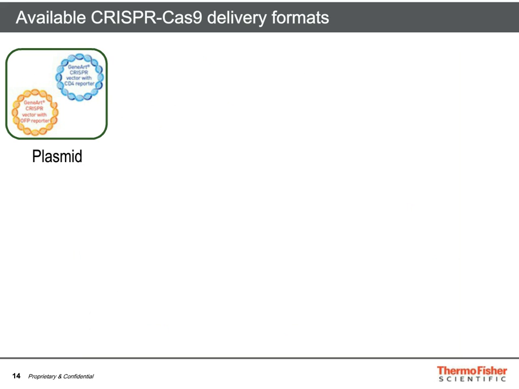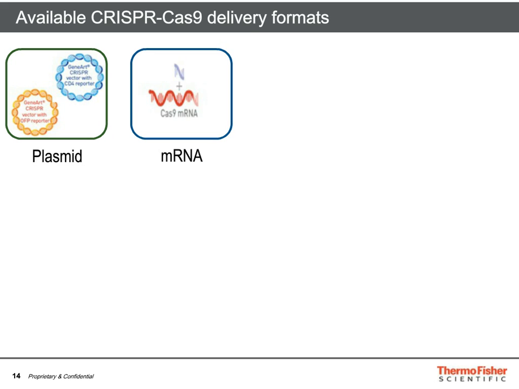There's several ways to deliver this tool. A few years ago when we started to look at Cas9, we and others were delivering Cas9 and a guide RNA as a plasmid. So we had plasmids that express guide RNA as well as Cas9, and we could engineer the guide RNA template into the plasmid and deliver them to the cell. This was efficient, but this wasn't optimal. So we worked in the last couple of years to develop several other configurations, notably Cas9 mRNA along with purified guide RNA.